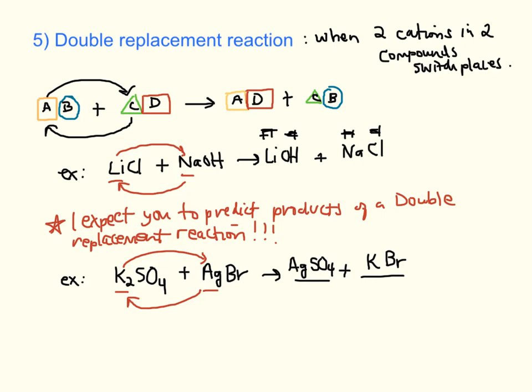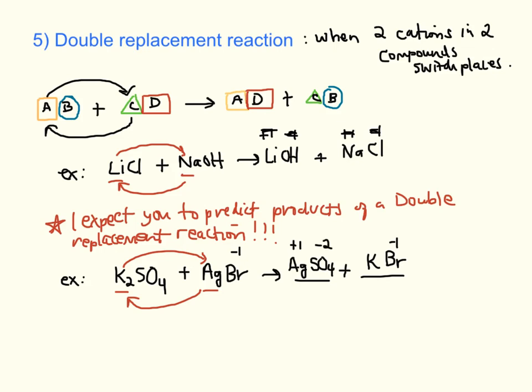So the trick becomes looking again at the charges on these ions to make sure that you write the correct formulas for the compounds. So silver is a +1 charge. It is a transition metal, but it's one of those that has a set charge. If you should forget that, though, you can look at what it's bonded to right here. Bromine has a -1 charge, and there's one silver bonded to it, so that silver must have a +1 charge.